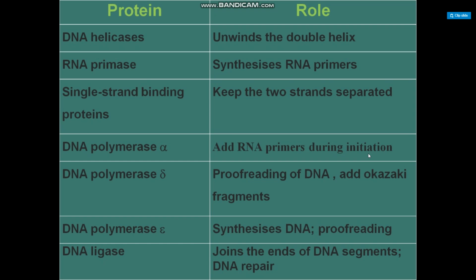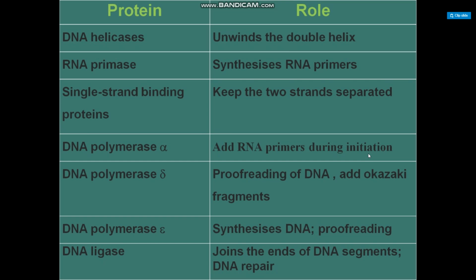So what is the role of each protein? DNA helicase unwinds the double helix. RNA primase synthesizes the RNA primer. Single-strand binding protein keeps the two strands separated. DNA polymerase alpha adds the RNA primer during initiation. DNA polymerase delta does proofreading of DNA and adds Okazaki fragments.